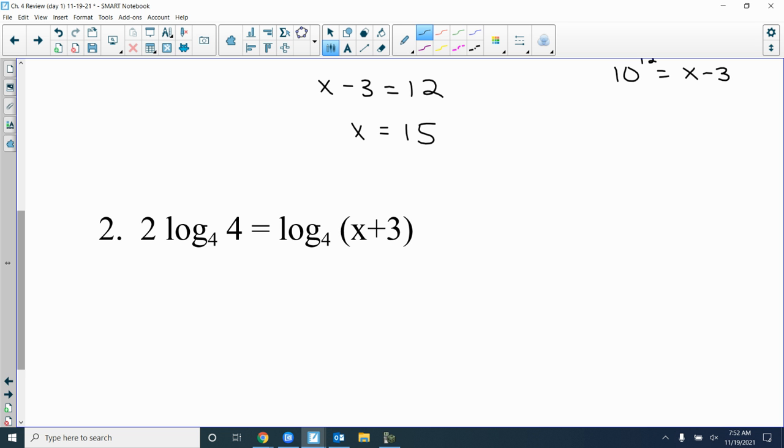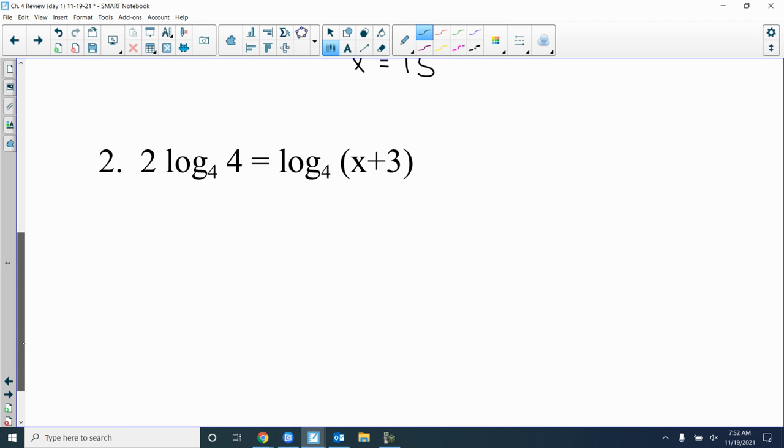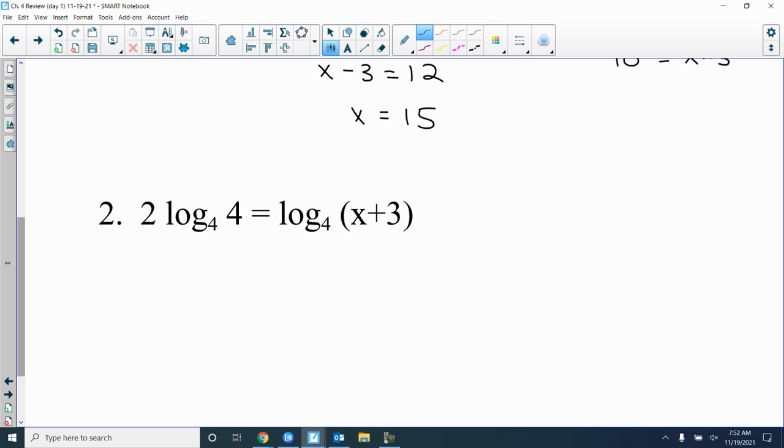So take a look at this. 2 log base 4 of 4 equals log base 4 of x plus 3. Before you set anything equal, I can't have that 2 in front of there. I have to take care of that.